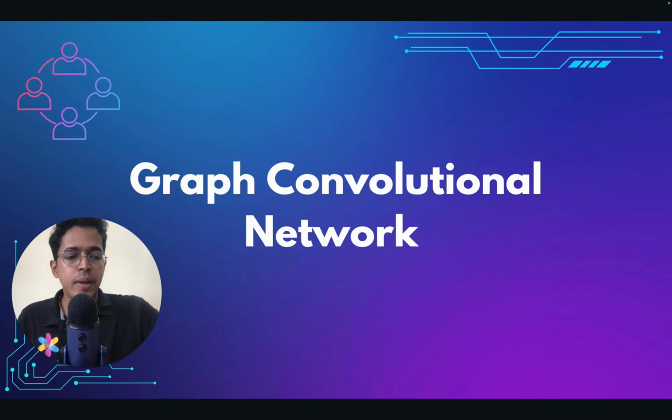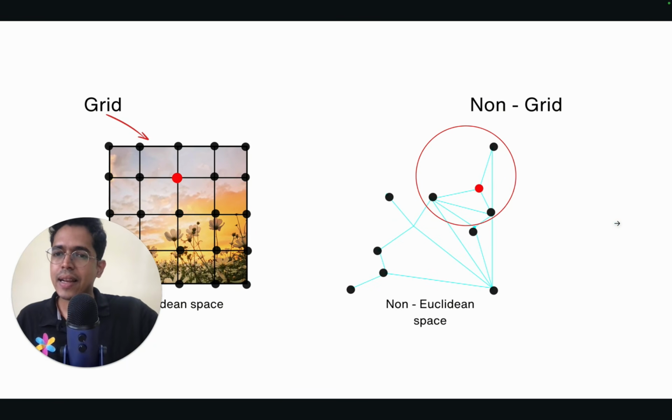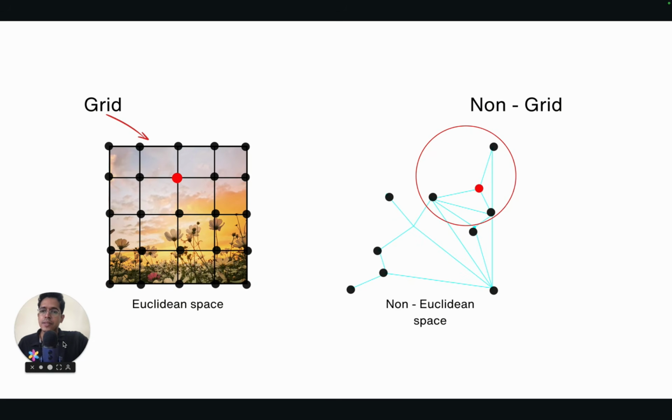Before going into the numerical example from the lecture, let us briefly see what exactly is this convolution operation in the context of graph neural networks. In a regular image where there are pixels arranged next to each other, we can consider that each pixel is a node in the graph. And we can also imagine that each pixel is connected to its neighboring pixels through imaginary edges.